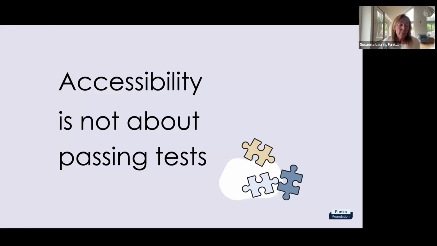So I think the summary of all of this, or at least our view on these questions, is that it's not about just passing tests. Accessibility is much broader. And even though the ACT rules are a really good source and an initiative that is really helpful and useful and positive for the industry, it's one part of accessibility.